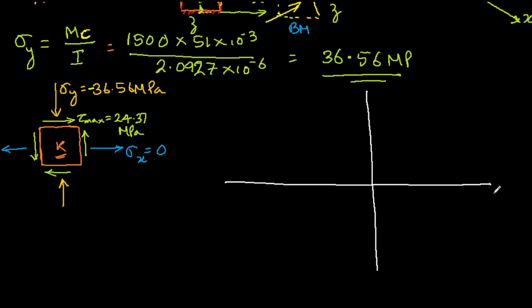This is the sigma axis, this is the tau axis, and let's say we are talking about this plane. Here sigma x is 0, and on that plane the tau max is 24.37. So let's say this point is that point, 0 and 24.37.